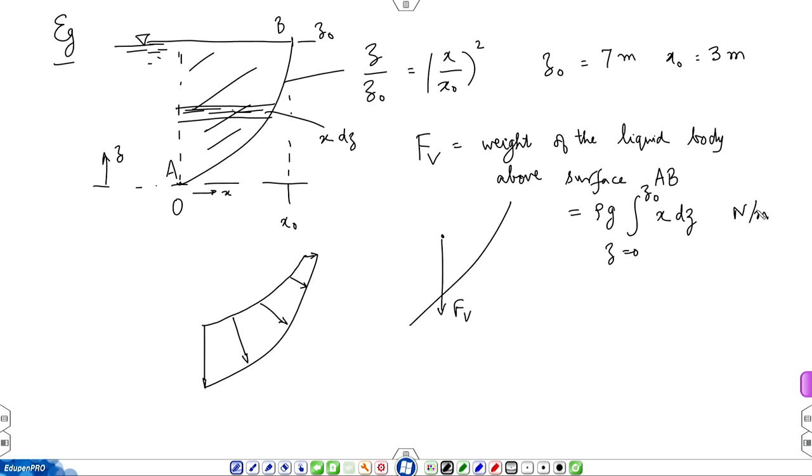Now, what will be the point of action? What is the point through which this vertical force will act? It will be the center of gravity of that liquid body, but because density is constant, it is also the centroid.